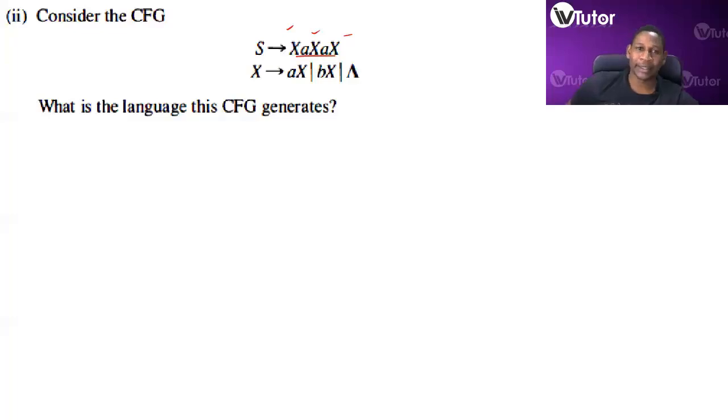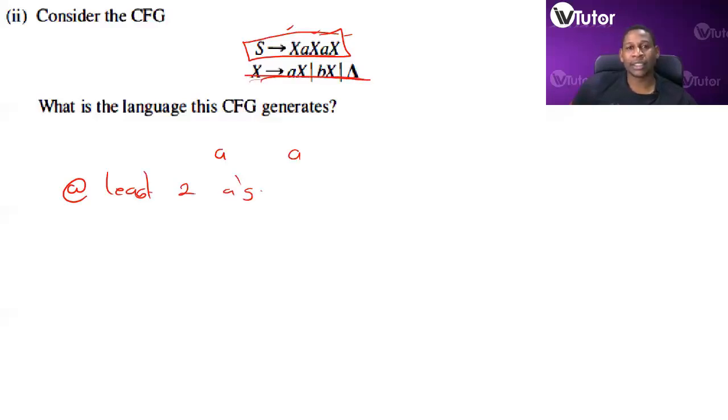But what this, if we read from S, what it tells us is our language is going to take a specific format. To say you need to have at least two A's, all right? At least two A's.